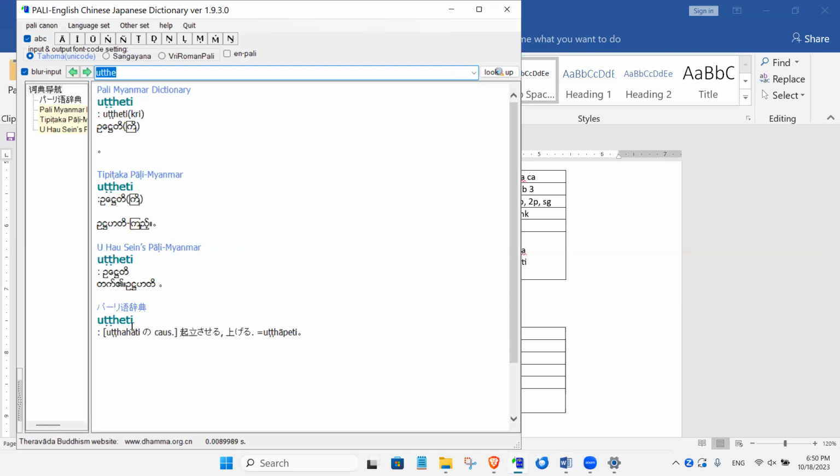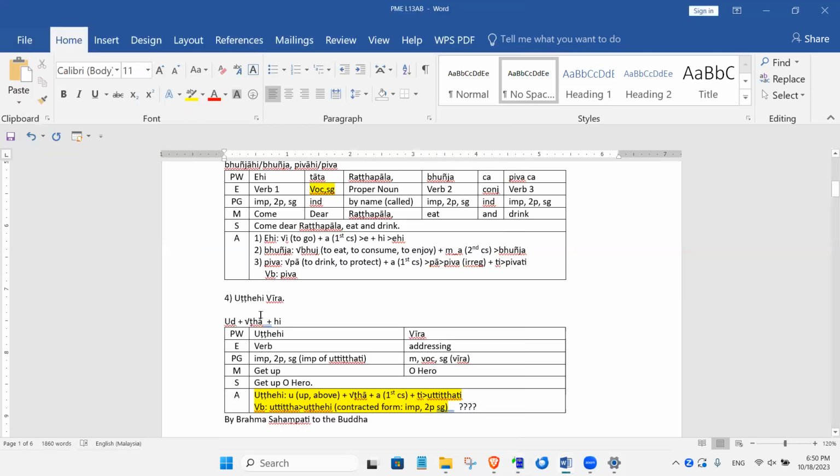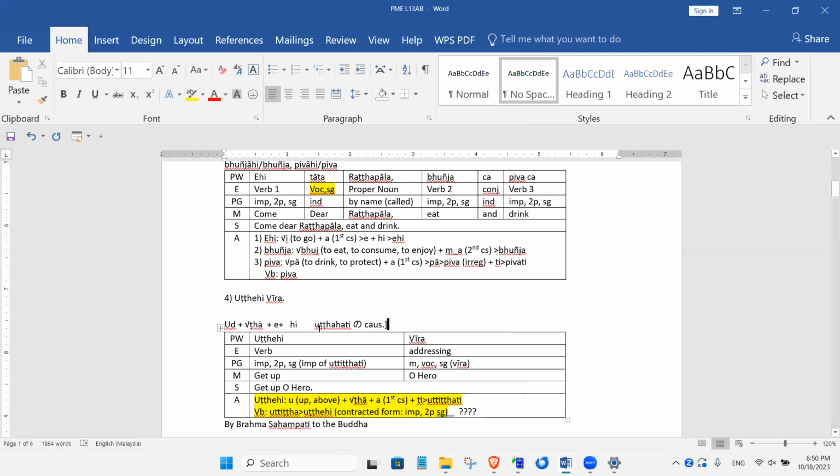It's a causative. So this means that there will be the A. Anyway, you just need to know ut plus ta plus A and he.